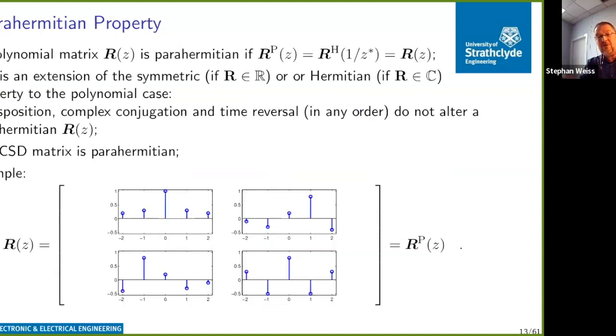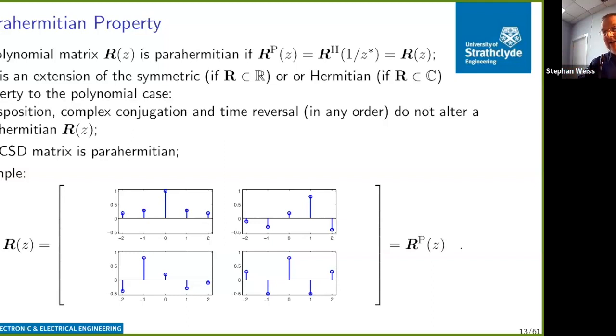Now there's a para-Hermitian property as well. So if you go back to standard matrices, you can do a Hermitian transposition, but you also have a Hermitian matrix, which is an extension of the symmetric property of a matrix to complex valued matrices. So if you have a Hermitian matrix and you transpose complex conjugated, you actually end up with the same matrix again, right? So a Hermitian matrix satisfies these properties, and the para-Hermitian matrix similarly satisfies this property of being identical to its para-Hermitian.